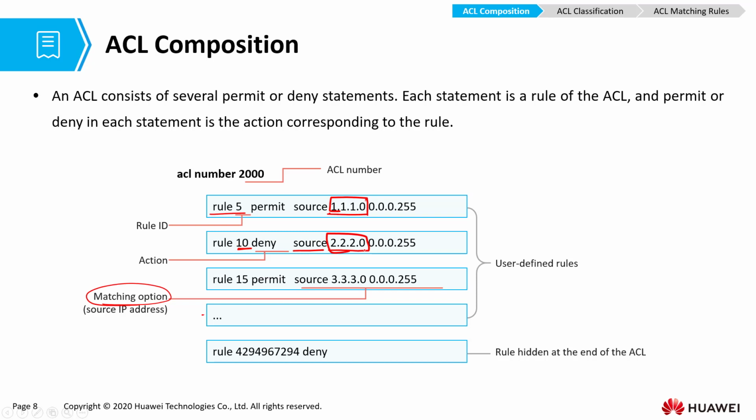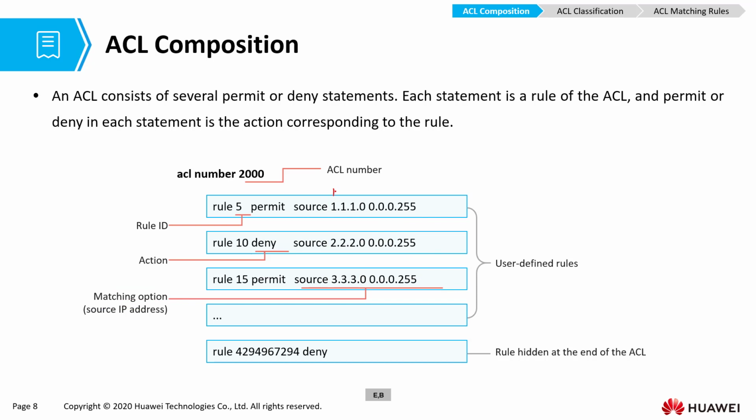But there is a bit more to this. I just mentioned the matching option. In our example here it is the source IP address, which is a host address or a network address. We can see that. But there is something else to this. There is this 0.0.255.